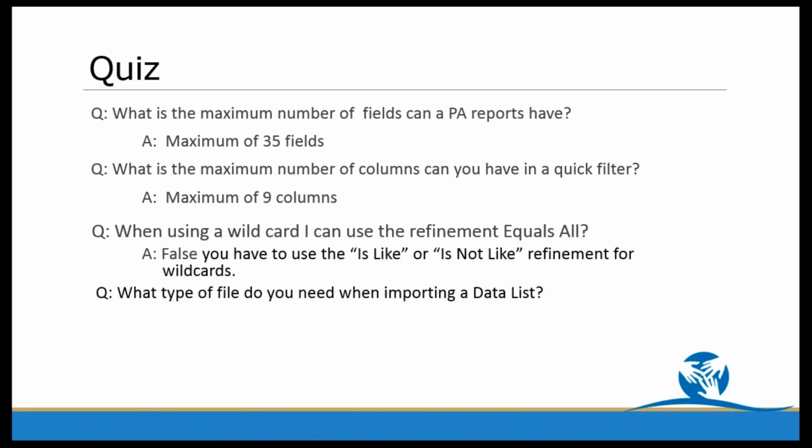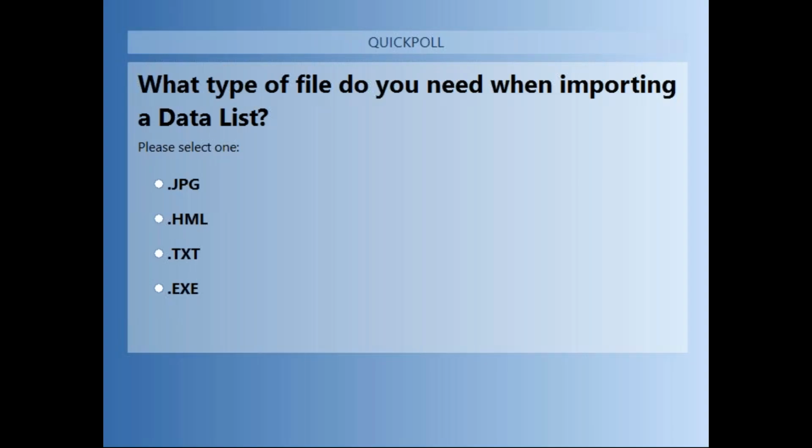So what type of file do I need when I'm importing a data list? I'll go ahead and launch that one. We only have one more after this one. What type of file do I need when importing a data list?